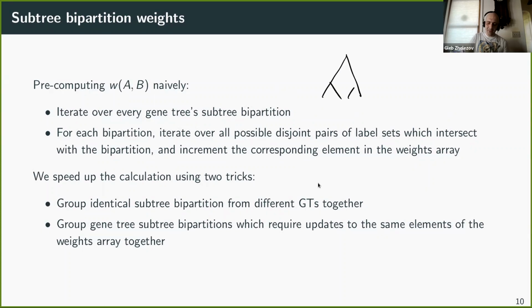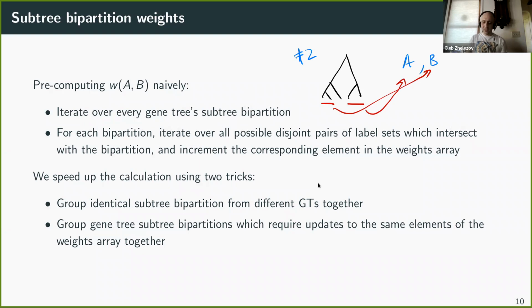You have your gene tree, then you say, okay, A and B is some set. So now that I have my gene tree number 2, I'm going to find the intersection of this set and this set with A and with B, and I'll do that a bunch of times.